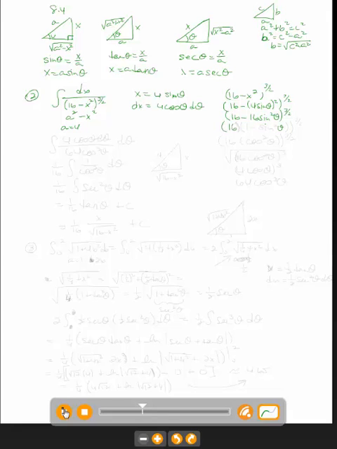But I could factor out a 16 and be left with a 1 minus sine squared of theta, all of that to the 3/2. Okay, but 1 minus sine squared is cosine squared of theta, which then turns into, I'm going to write it like this because it's getting too weird. The square root would be 4 cosine theta, and then when you cube it, you get 64 cosine cubed theta.